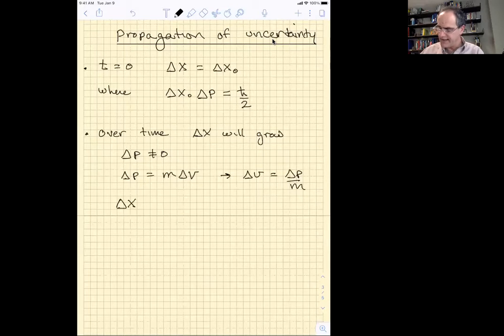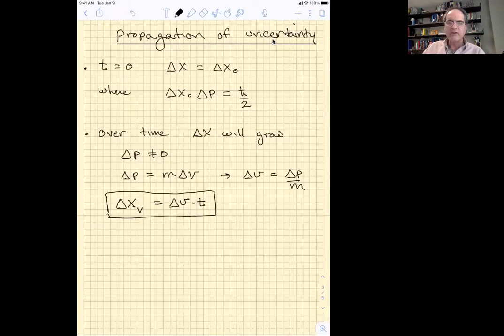Let's call it delta x sub v, which is just delta v times time. Okay? If I don't know how fast the particle is moving, then after some time, I, of course, won't know where it is because it may have moved some distance due to its velocity. Okay? So because of this, the position uncertainty grows.